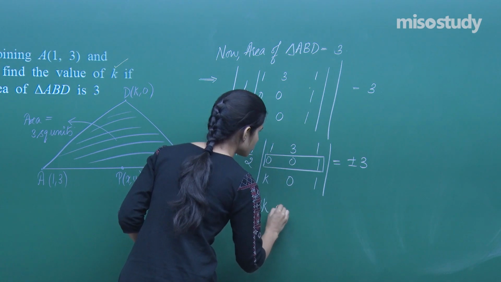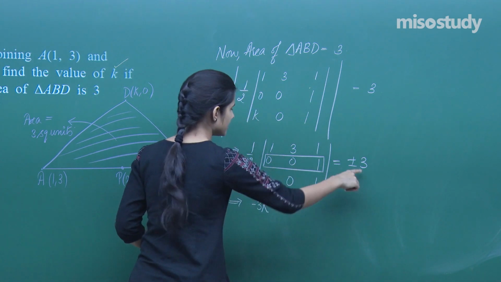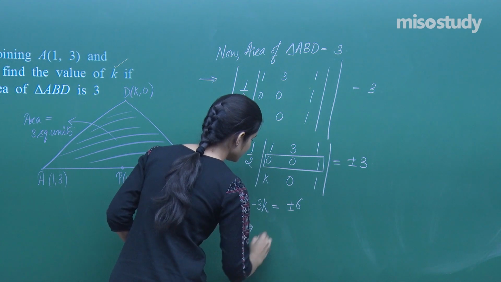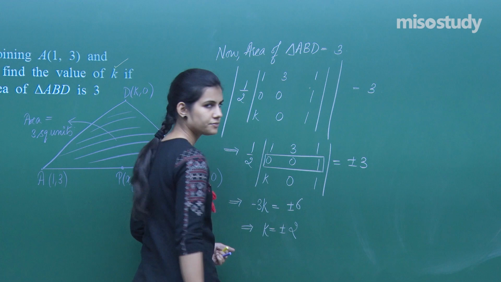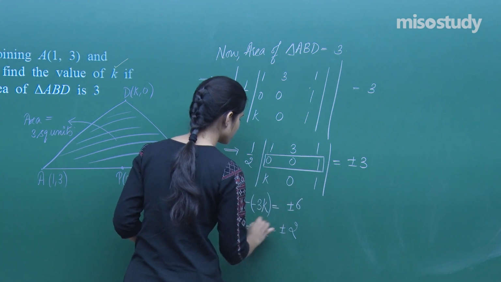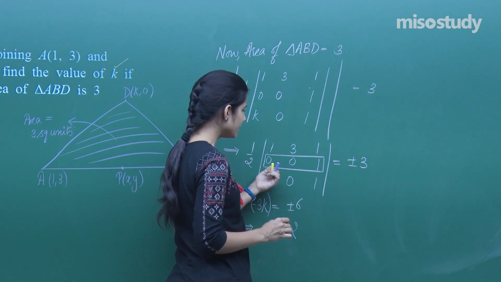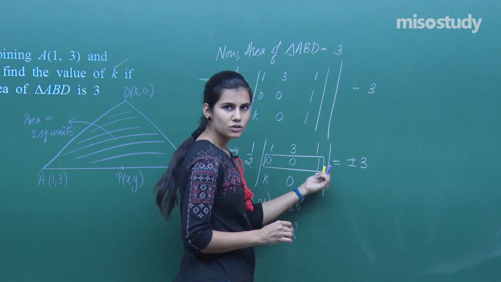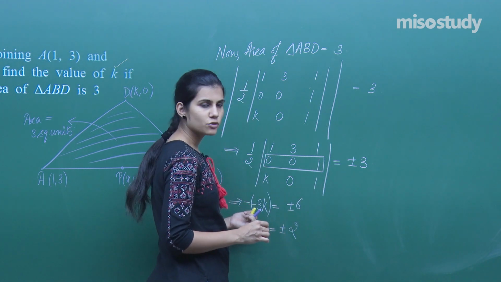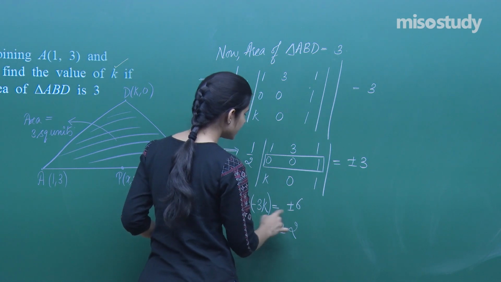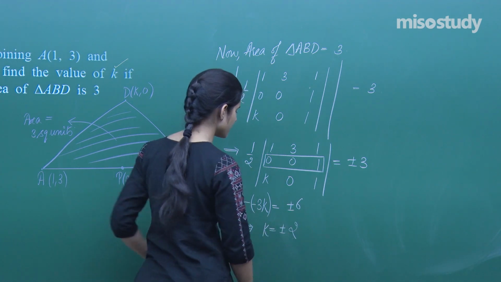So minus 3k equals plus minus 6. This implies k is equal to plus minus 2. Here one more minus is going to come because this will be the 2-3 element, so minus 1 to the power 2 plus 3, that is minus 1 to the power 5. So minus of this. So this will be 3k equals plus minus 6 or k equals plus minus 2.